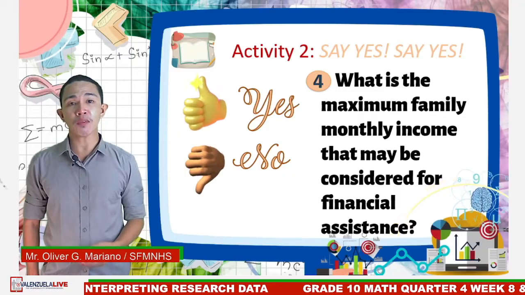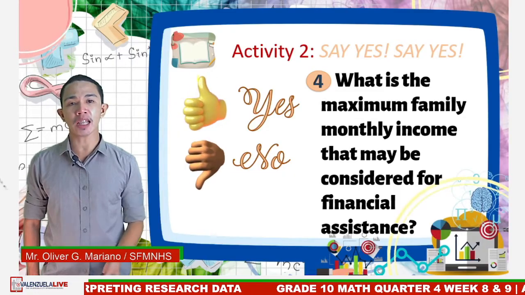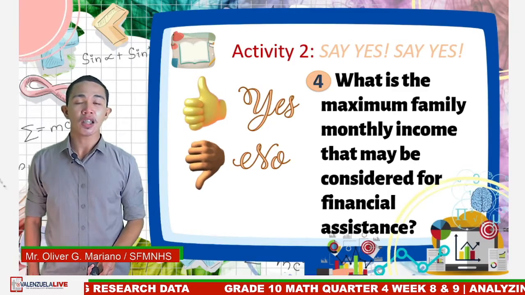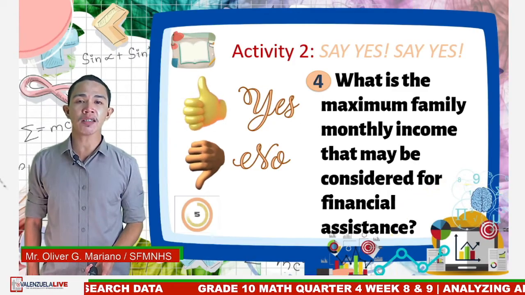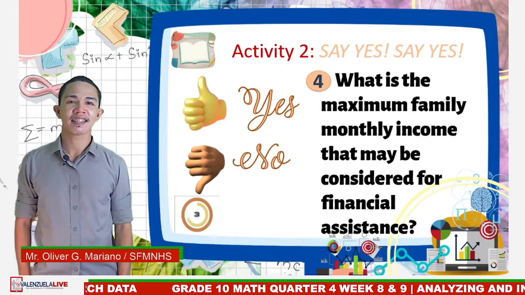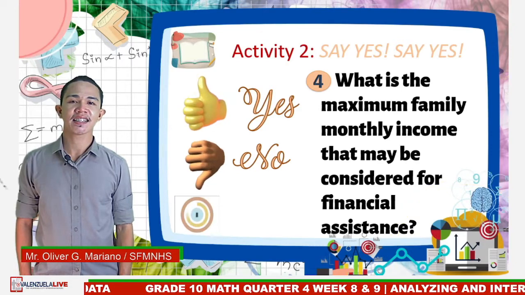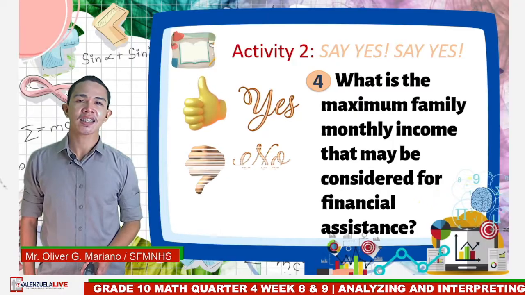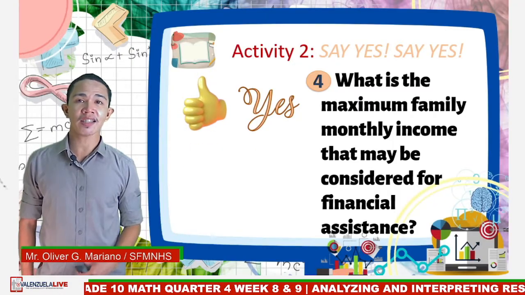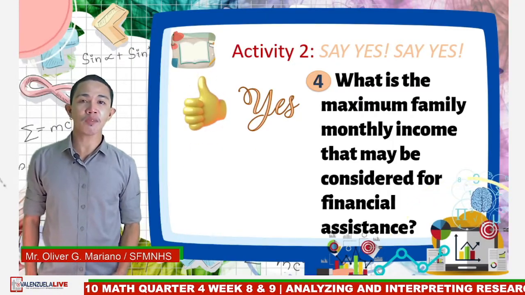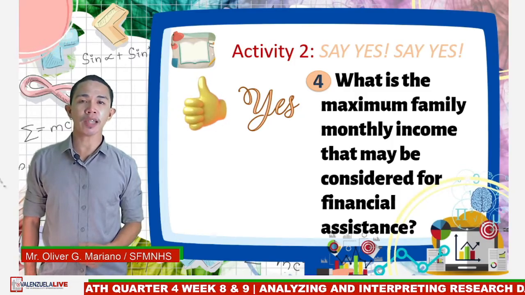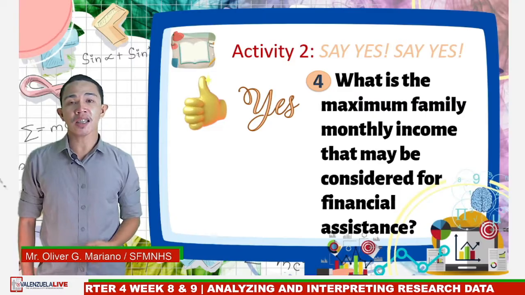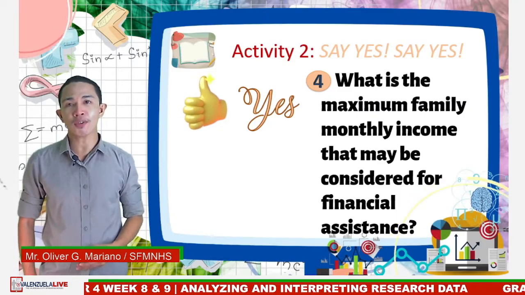What is the maximum family monthly income that may be considered for financial assistance? You have 5 seconds, go. All right. The correct answer is yes. This may be answered using measures of position. Are these concepts now clear to you, grade 10?